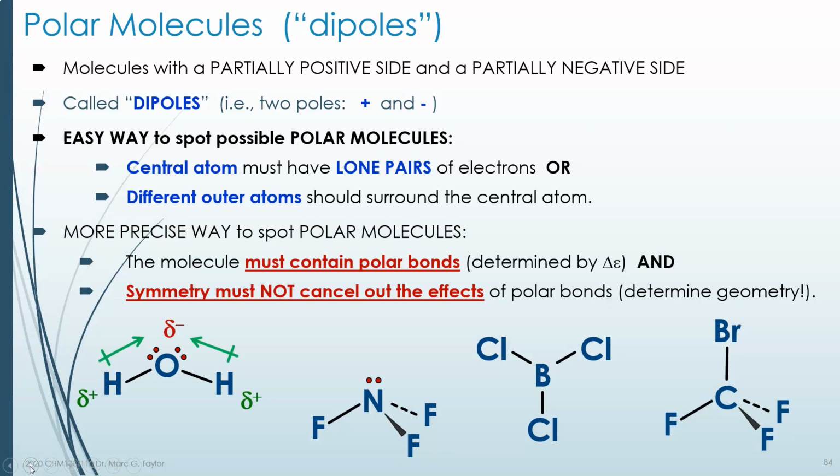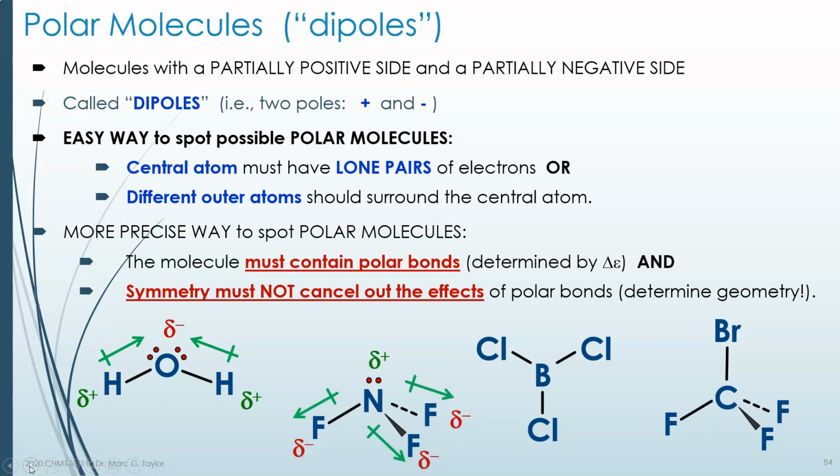So if we look at the water, for instance, we have two electropositive hydrogens that are in bonds with the electronegative oxygen, and therefore since these two aren't exactly opposite one another, they don't cancel each other out, and you have a net polarity in that water.